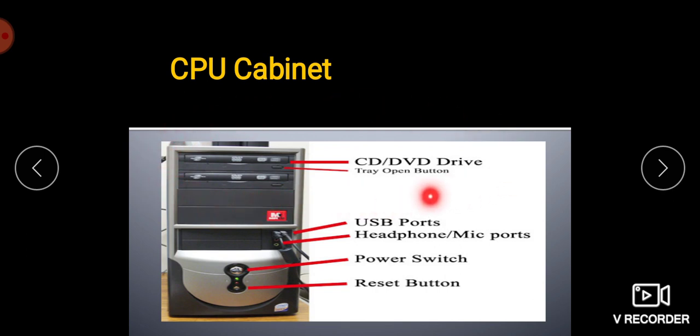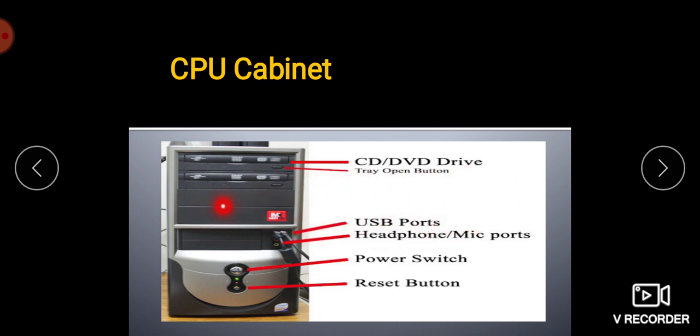Okay, so what is it? This is CD or DVD drive. We can put CD or DVD on the tray which is present in it, and we can load programs, movies, pictures with the help of this drive. Here is the tray open button.